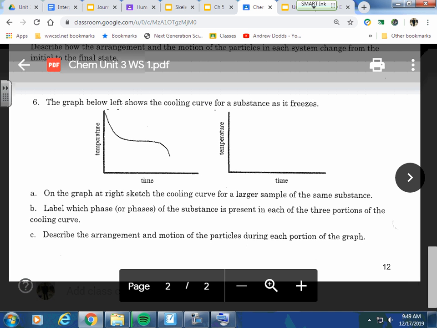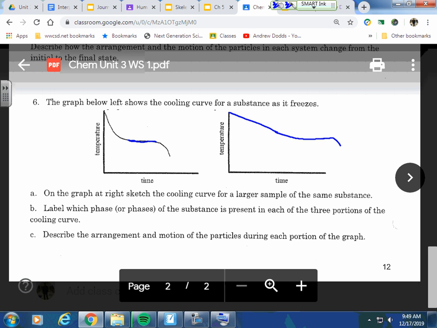Or even if you're trying to freeze a gallon of water compared to a cup, would they freeze in the same amount of time? No. So the larger sample is going to cool slower. Eventually, it's going to get to that same freezing point where it's going to flatten and then come down.